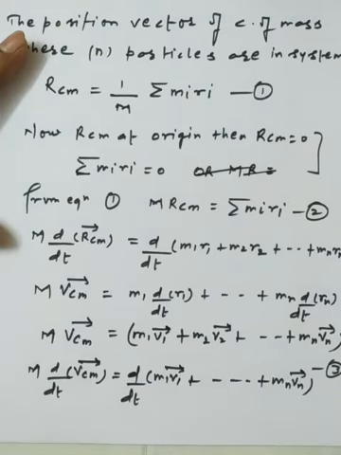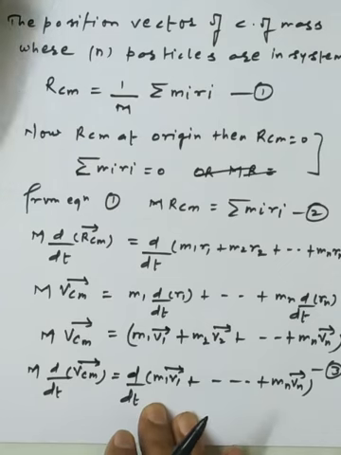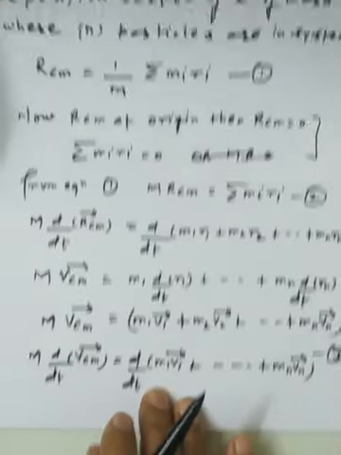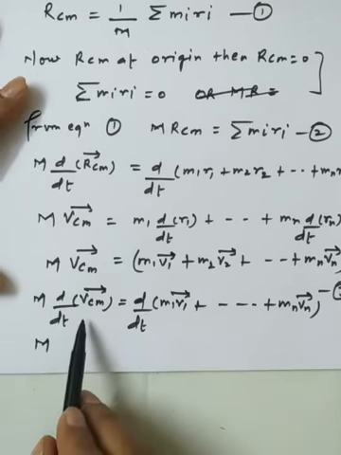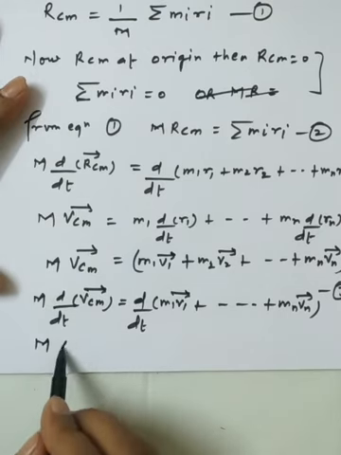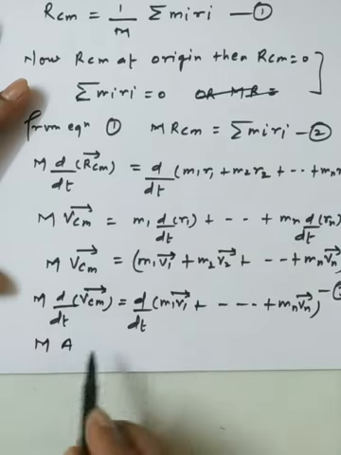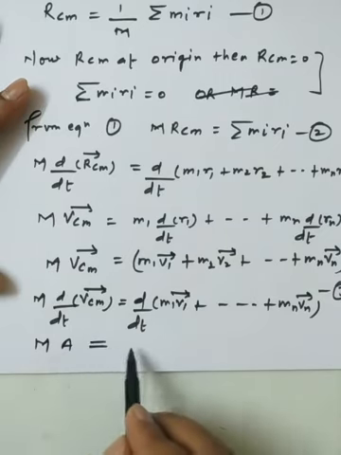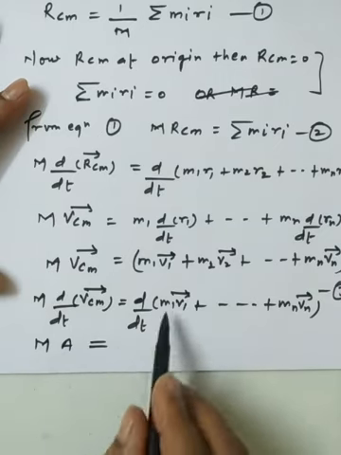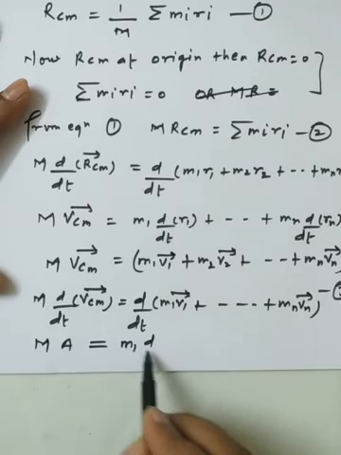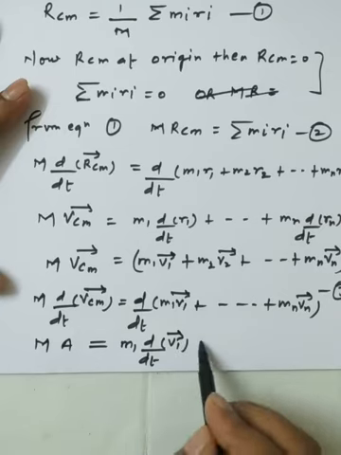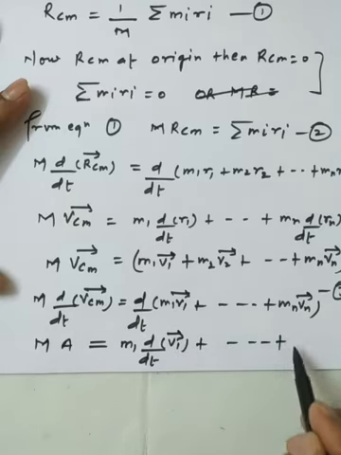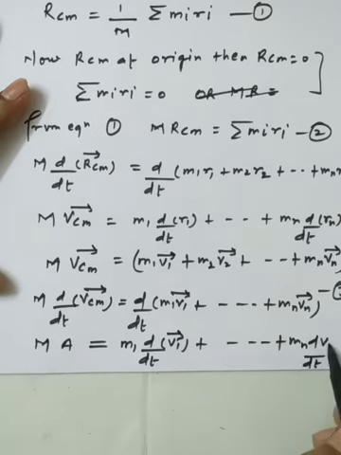As we are multiplying by d/dt on both sides, we can easily write that M and d/dt of the velocity gives the concept of acceleration. So I am writing the acceleration of the center of mass, that is capital A, and I can make a little change with the multiplication of m1 and d/dt of v1, including all the portions, plus mn d/dt of vn.